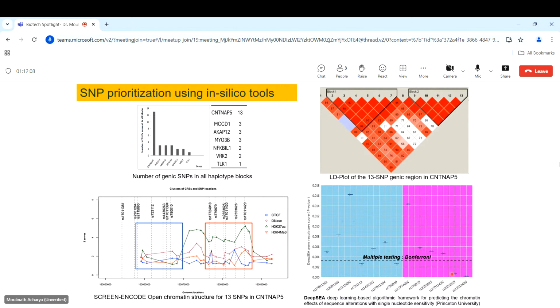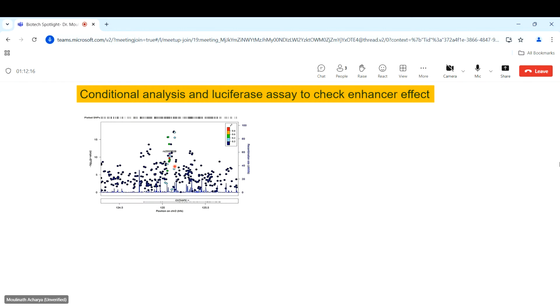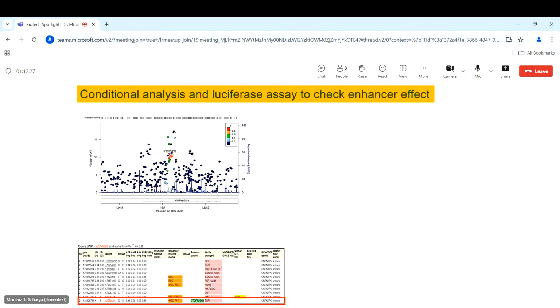So we have taken this rs2553628 for our further analysis for functionalization. So we did a conditional analysis using this SNP, and we found that this is really significantly associated. And they have a CTCF binding site and a transcription factor binding site as well in this region, TCF4.